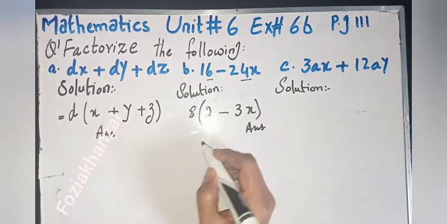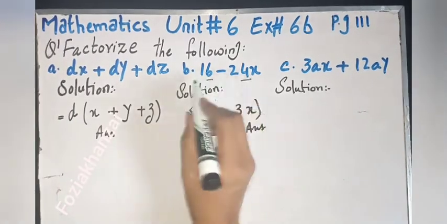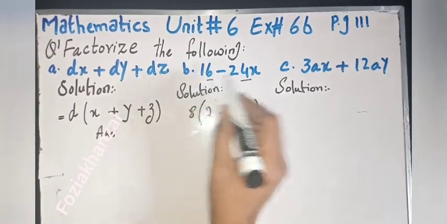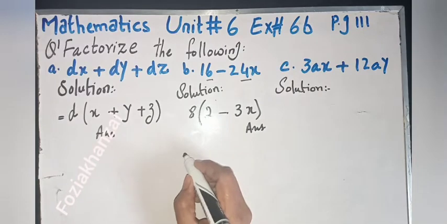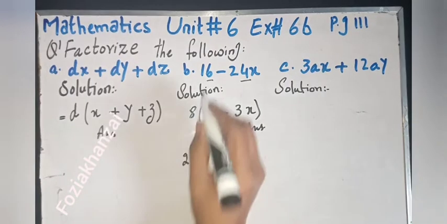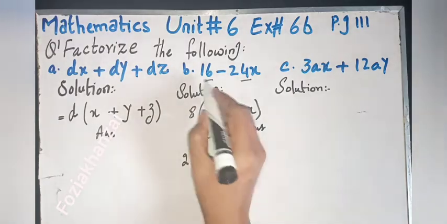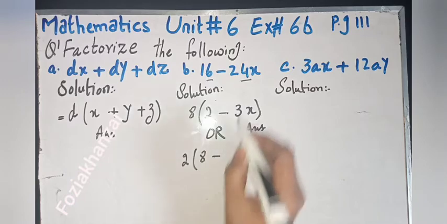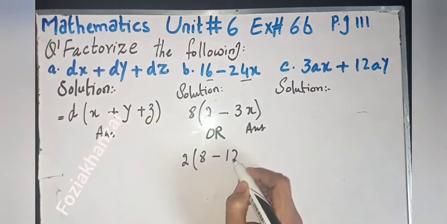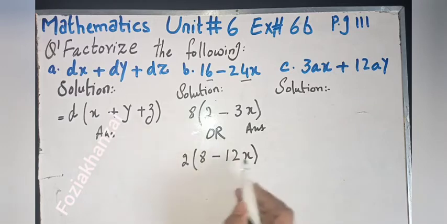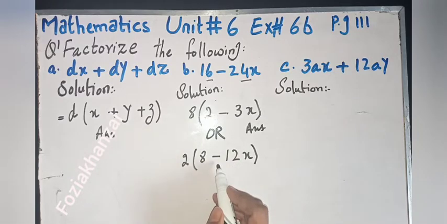Okay, second method. In both the terms we have common number 2, the table of 2. 2 common, 2 eights are 16, minus 2 twelves are 24x. First step. Now again in this bracket we have common 2.